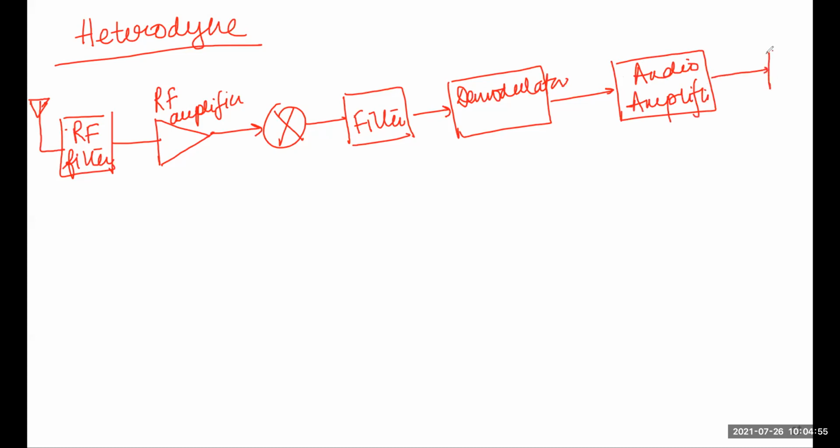And then to the destination source, whatever. And here a local oscillator will be connected. So this is the actual structure of a heterodyne, if you say.